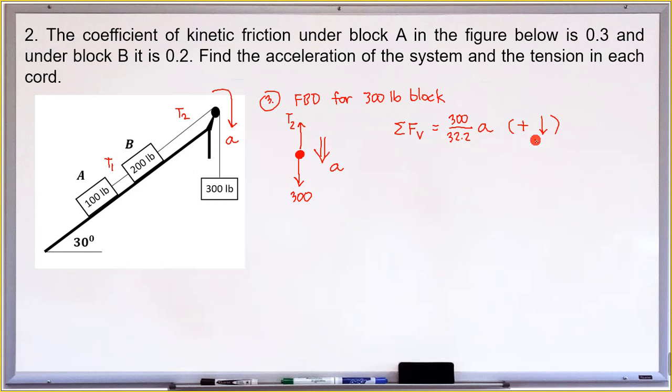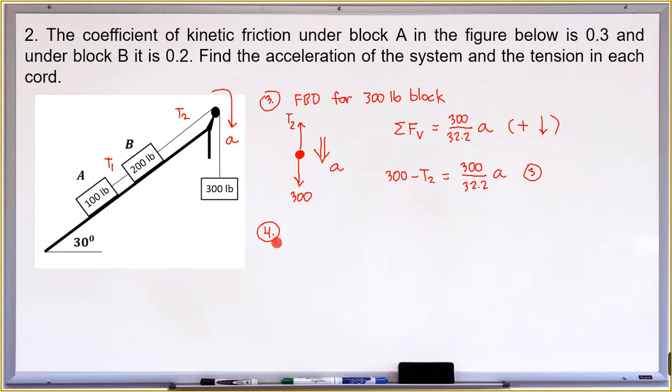So we need to follow the direction of our motion. So what are the downward forces, only one, so 300. So write 300 minus T2. So subtract T2 because it is upward. Is equal to 300 all over 32.2 times the acceleration. So this is our third equation.